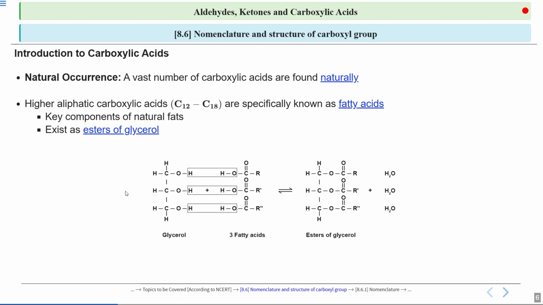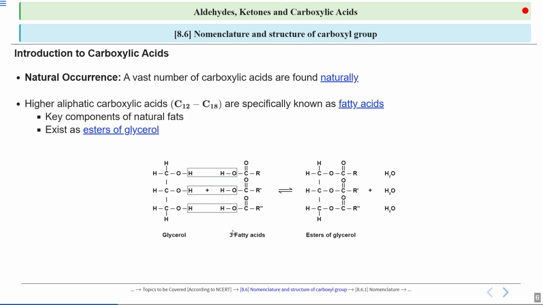In the glycerol molecule you have OH groups, and in fatty acids you have the carboxyl group, C double bond OH. When you combine glycerol with three molecules of fatty acids, you get esters of glycerol, which we call a triglyceride.